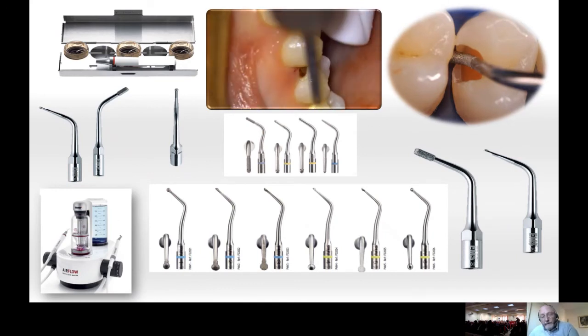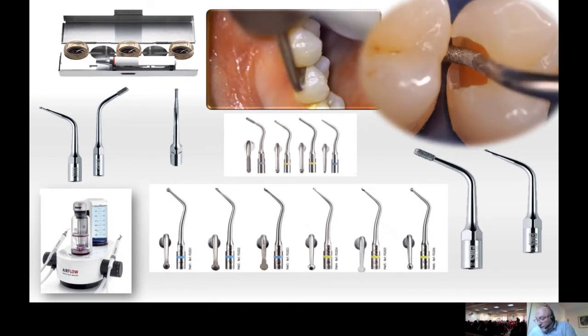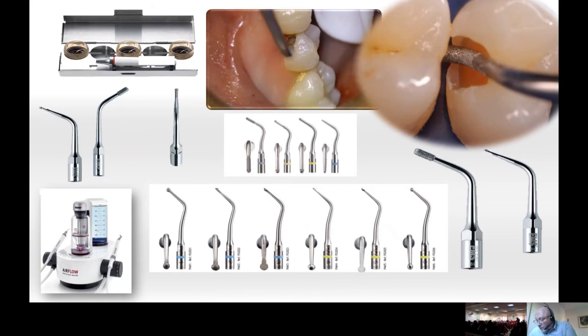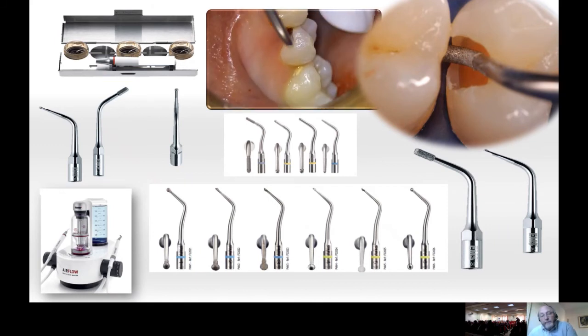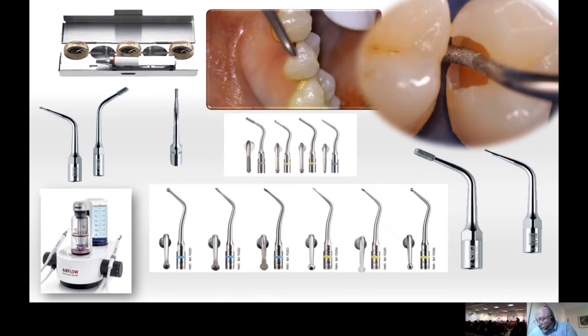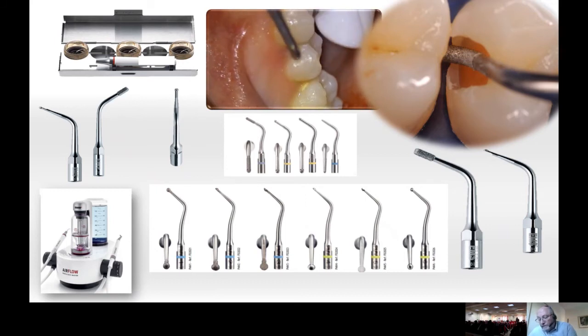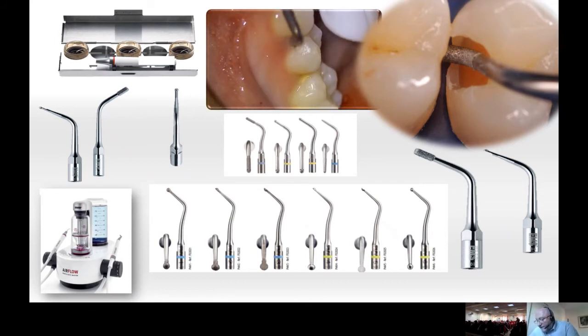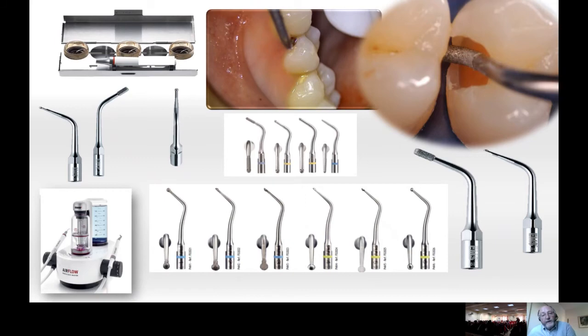And be aware that micro preparation cannot be done without tools like sonic or ultrasonic diamond inserts with half round, round, or class 2 shape. And some have very specific shapes to allow access to a very complex caries point of entry. And remember that these tools are not devoted to caries excavation.